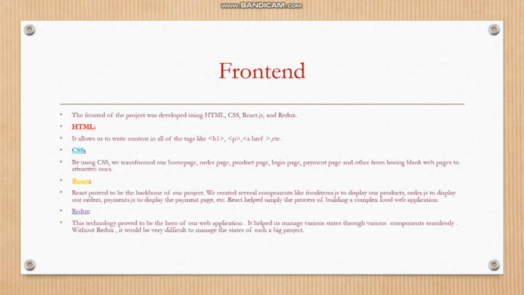We have to develop our project. So let's begin with the front end. Our front end was developed with HTML, CSS, React, and Redux. HTML was used so we were able to add content, navbars, buttons, images, text boxes, etc. throughout our project. And CSS was used so that we were able to design our project in an attractive, effective way.